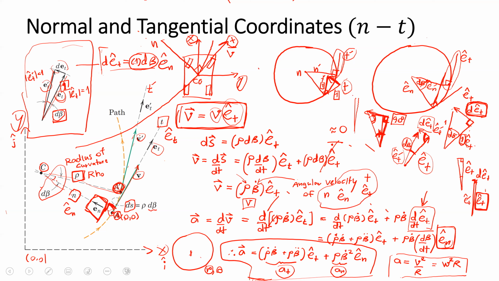But the direction is perpendicular to the tangential. So it should be in the normal direction. So this is correct. So that is why we have the change in the magnitude and the EN as the direction.